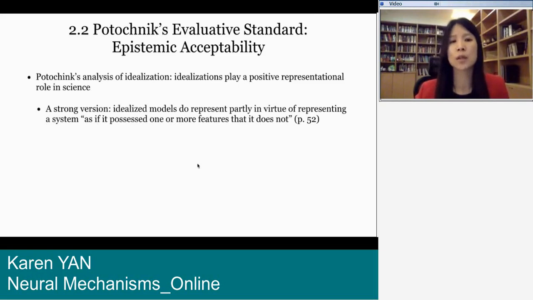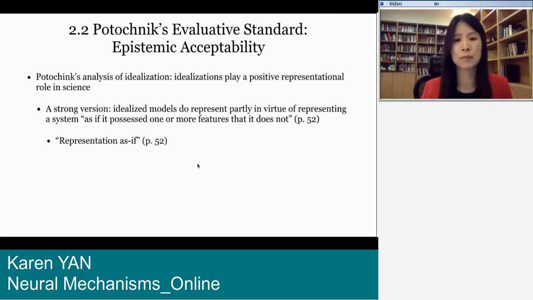So put in another way, she thinks that idealization adds content to the relevant representation. And the way idealization adds content to the representation is by saying something false about the system, by saying the system has some properties, features, but in fact the system does not have. And she called this role representation as is.